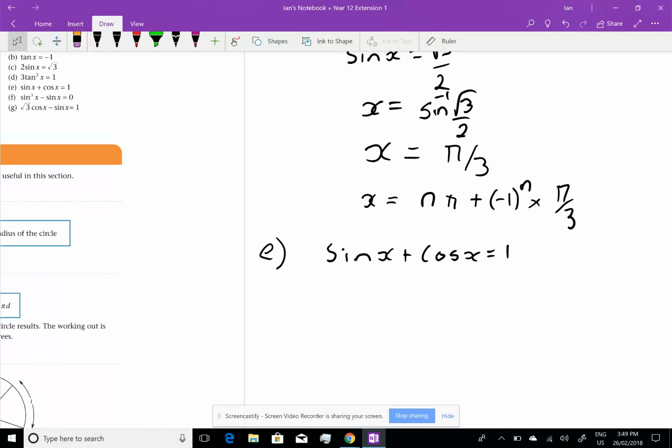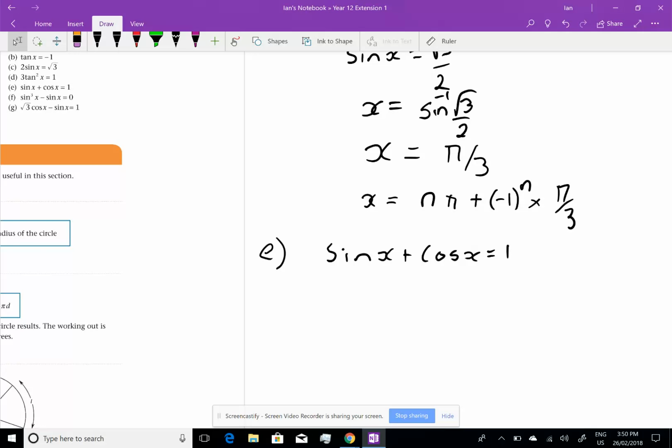If you use the r sine theta method, your general formula will come out as a general sine formula. And if you use the r cos theta method, you'll get the cos theta general formula. Now, I'm going to do it with the r cos and the r sine, but I'm not going to do the T formula. If you want to go down that path, good luck to you. You'll still get the same answers if you follow the mathematical order.